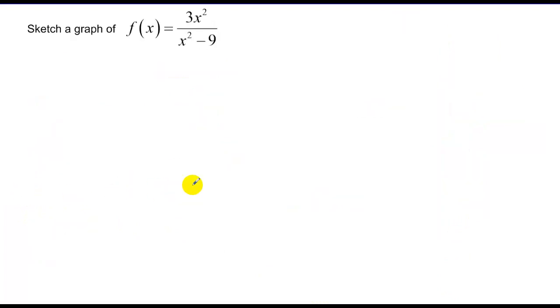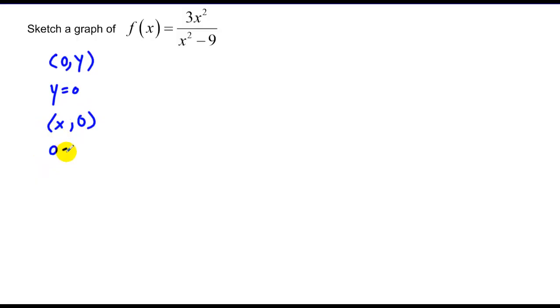Let's take another one. So in this case, again, we're going to go through our steps. Set x equal to 0. Find out what y is. When x equals 0, y equals 0. Then I'm going to set y equal to 0 and find x.